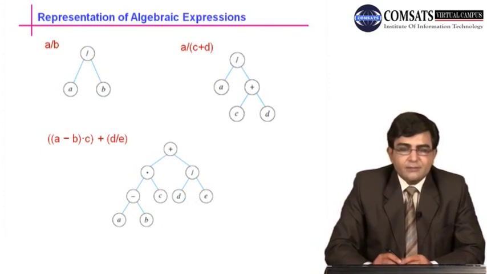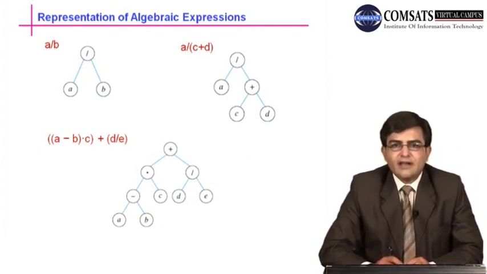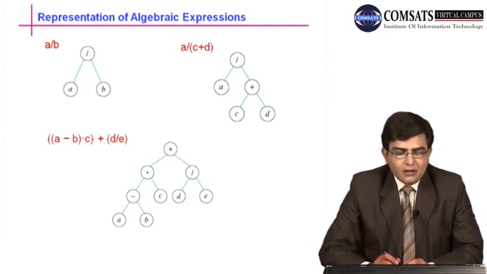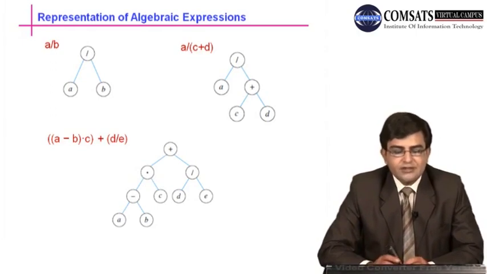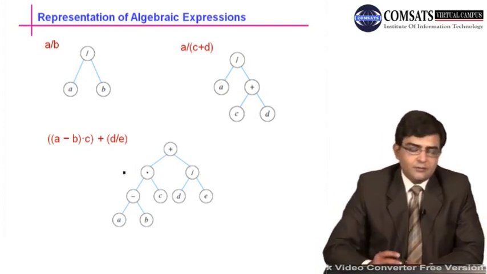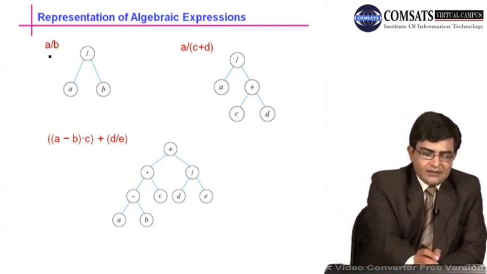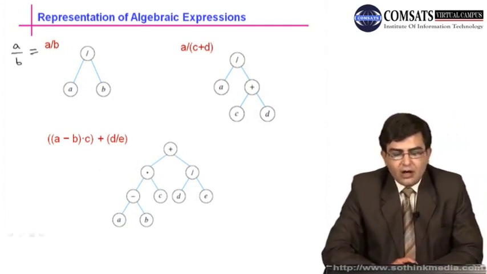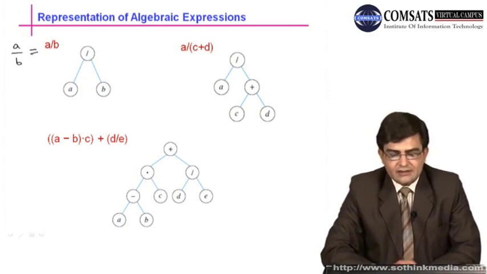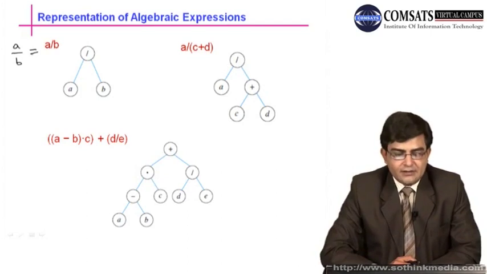an application of these binary trees, a representation of algebraic expressions. In a computer we can represent these algebraic expressions by using binary trees. For example, if we want to express A divided by B, how do we represent this algebraic expression by using a binary tree?